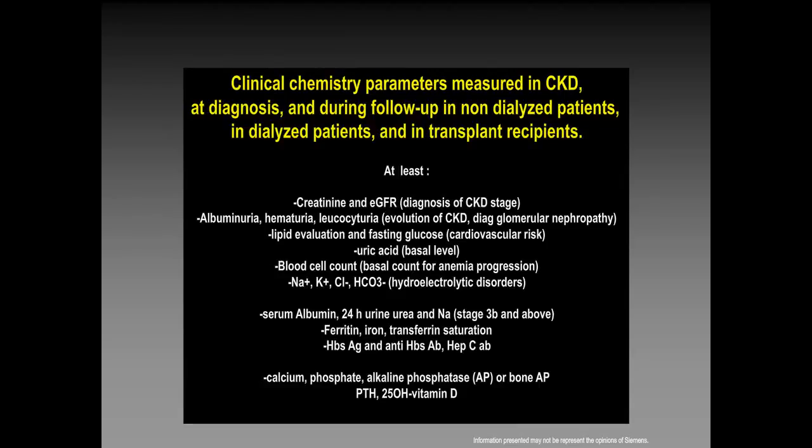So in a general way, the clinical chemistry requirements for following patients with chronic kidney disease are many and have varied and evolved a little bit over time. You can see that, of course, the measurement of creatinine and estimates of GFR are important to stage the kidney disease, and these continue to be the mainstream of assessing progression.